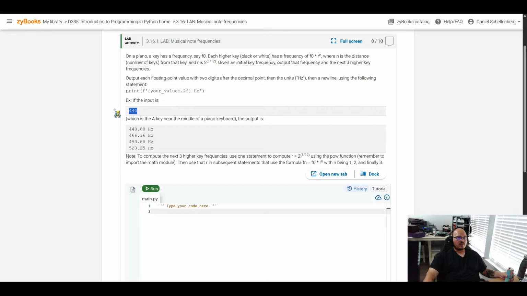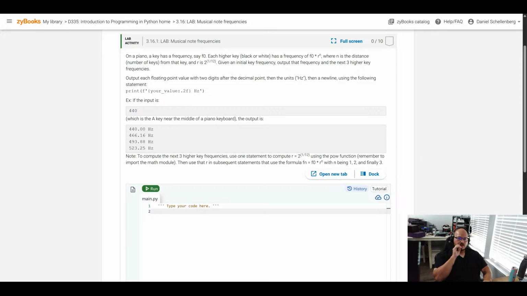So if the input is 440, which is the A key near the middle of a piano keyboard, the output is 440. To compute the next 3 higher frequencies, use one statement to compute R equals 2 to the power of 1 divided by 12 using the pow function.